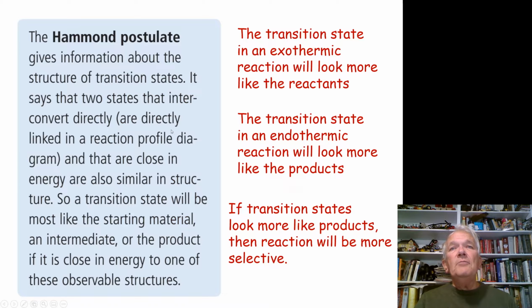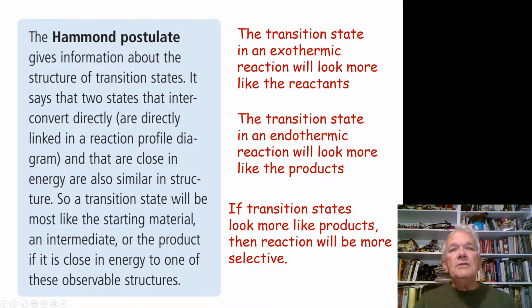Now, this is the basis for what's known as the Hammond postulate. This is taken out of the book. There's a lot to read. The Hammond postulate gives information about the structure of transition states. It says that two states that interconvert directly, that are directly linked in a reaction profile diagram, and that are close in energy are also similar in structure.